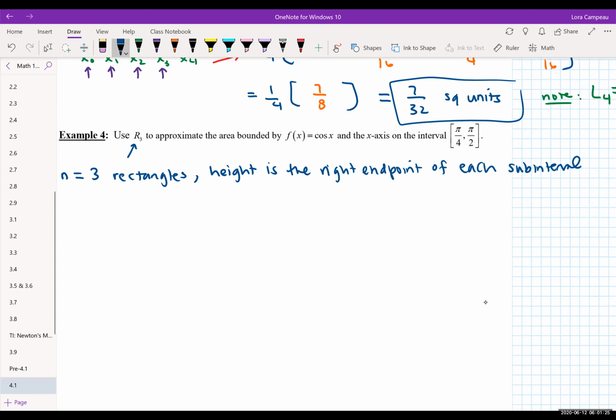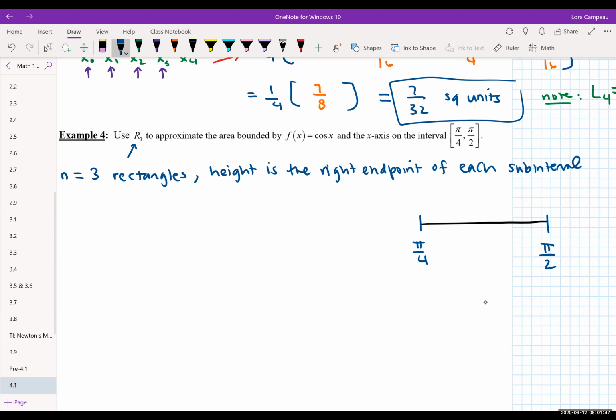So if you want to get a picture of this, you don't have to draw your function. Let's draw a quick number line. Keeping in mind, you already have your interval, we have pi/4, the left point of the full interval, and pi/2, the right endpoint.